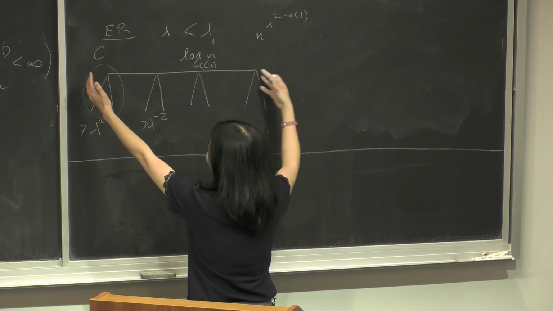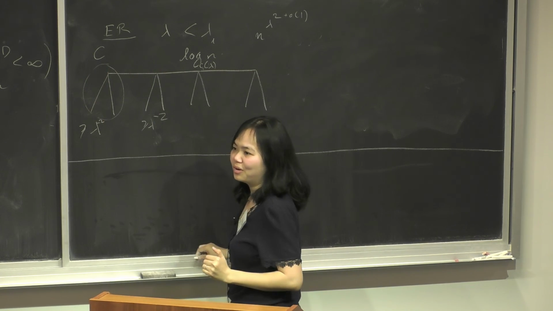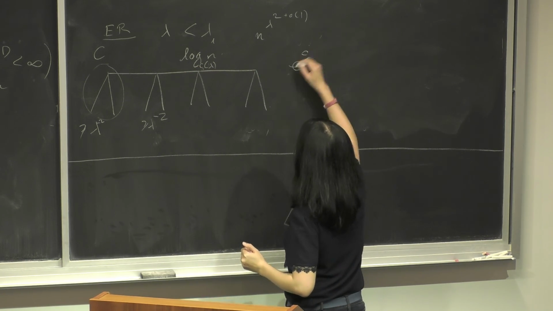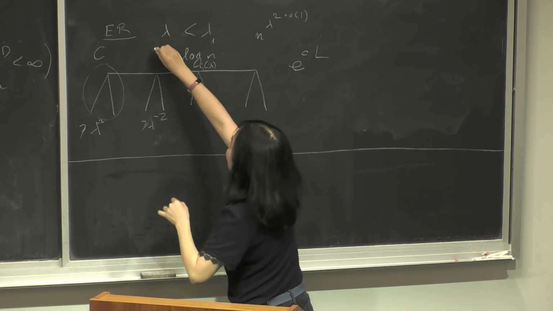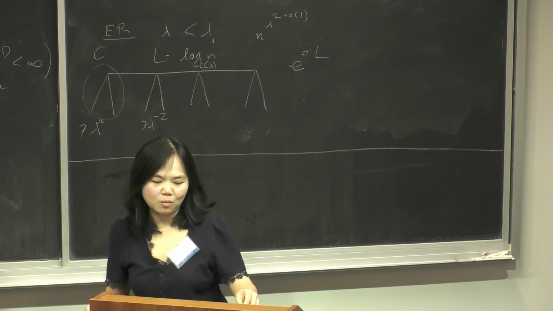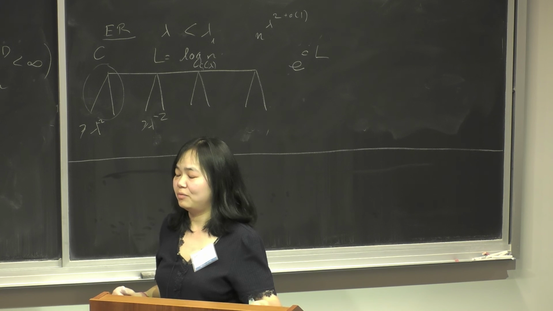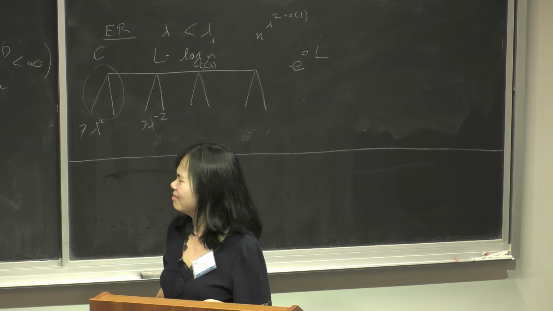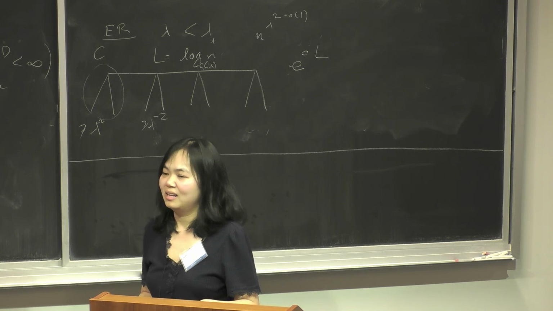The process on this chain survives for e to the power cL, where L is the length of the chain, and that turned out to be what explains the survival time of the SIS process on Erdős-Rényi random graphs.